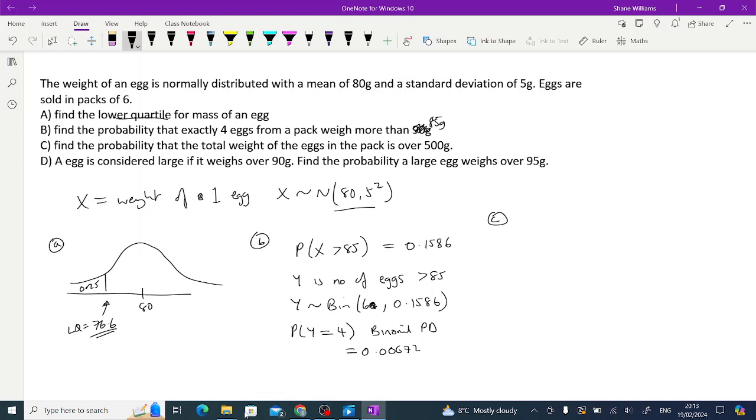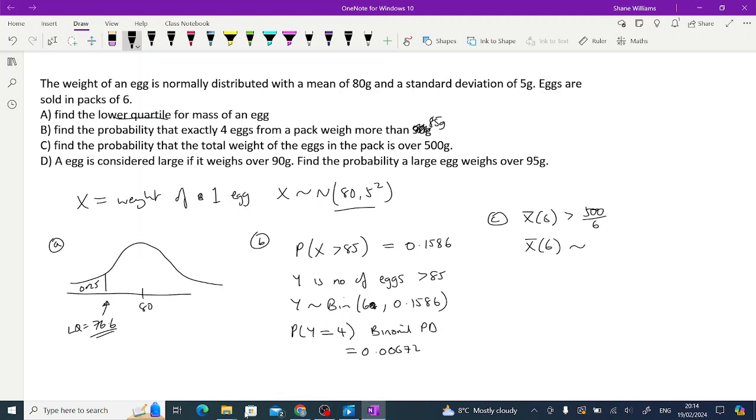So rather than saying the total weight is over 500, you could instead say the average from 6 eggs is greater than 500 over 6. If the average is greater than 500 over 6, then the total must be greater than 500. So that's what we're going to be interested in.